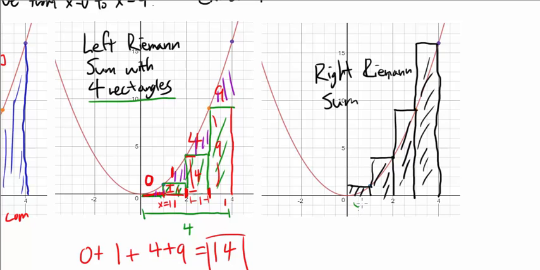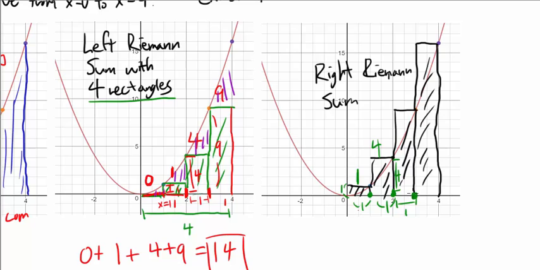Well, for the first one, the width is 1 once again. The height, in this case, you're plugging in 1 into the equation, so the height is 1 squared, or 1, so the area is 1. For the second one, the width is 1 once again. For the height, you're plugging in 2 into the equation to get 2 squared, or 4, so the area is 4. And for the third one, the width is 1.